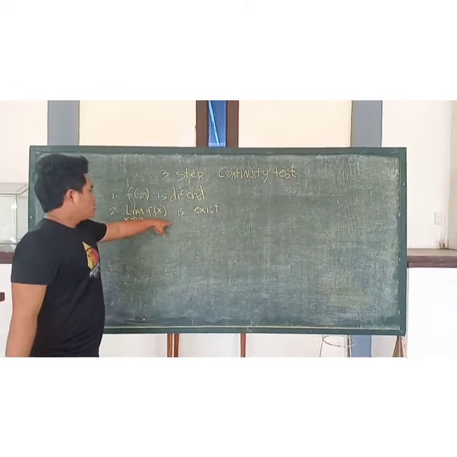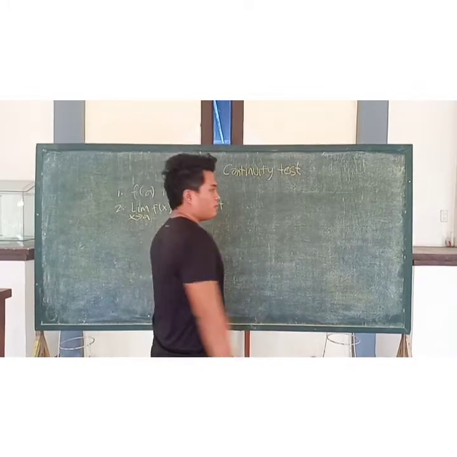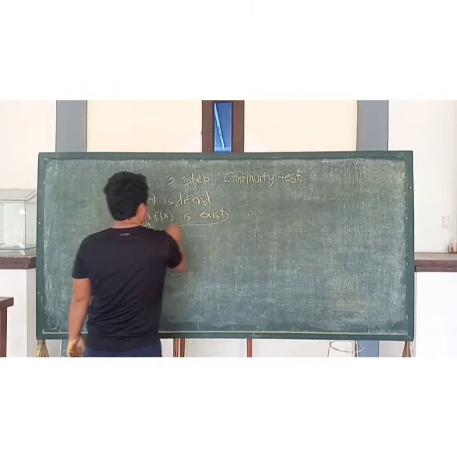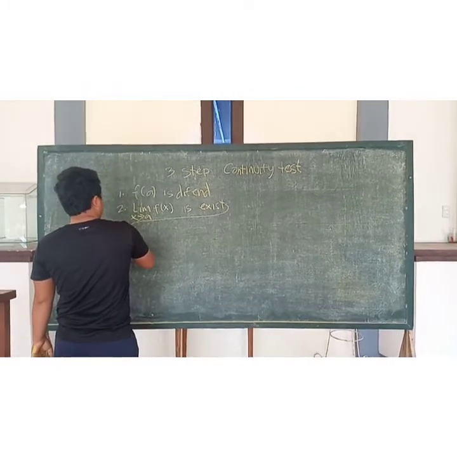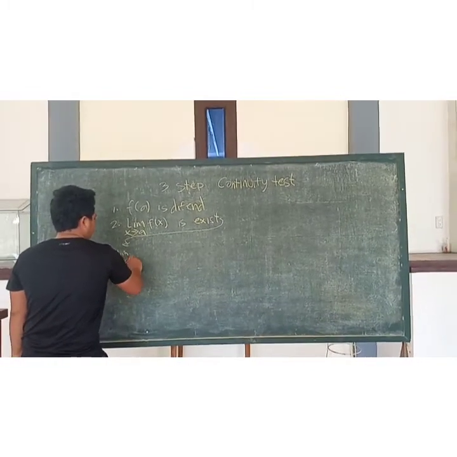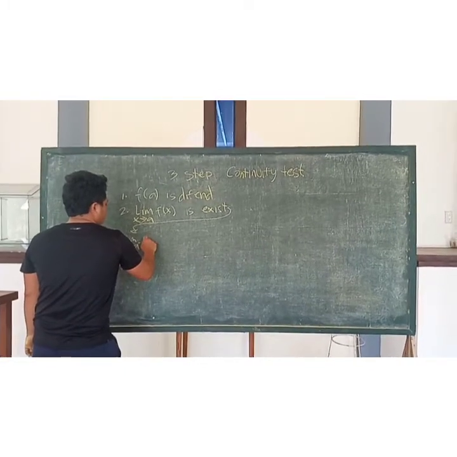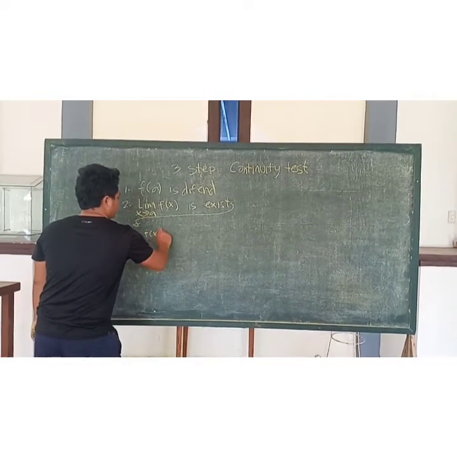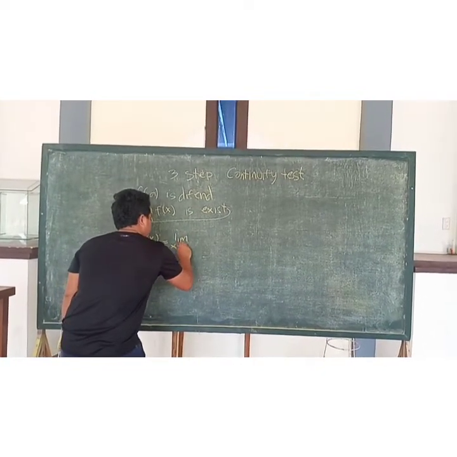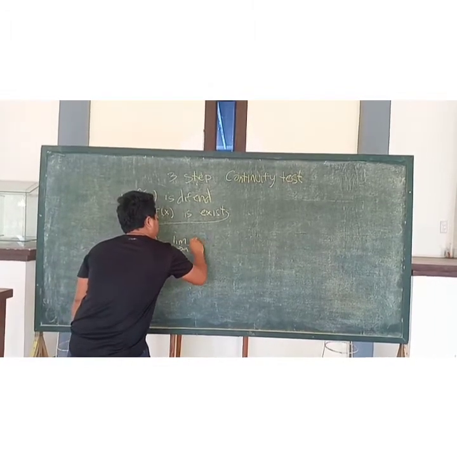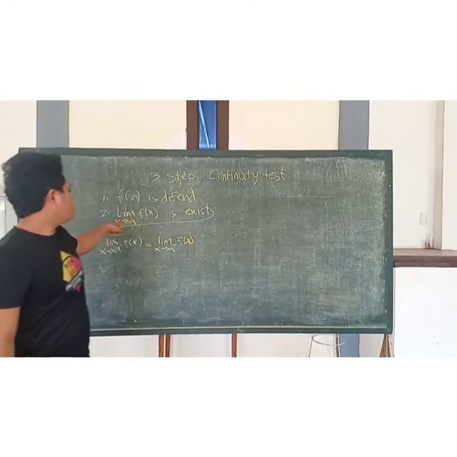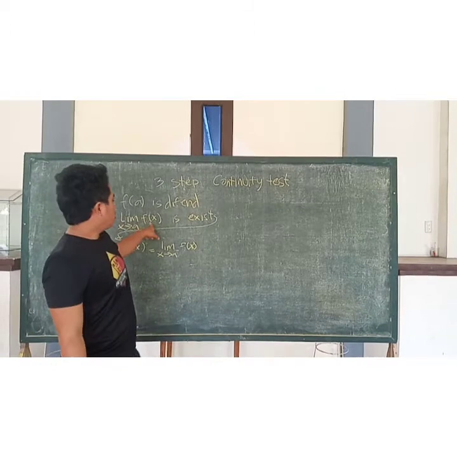To know whether the limit exists, the limit of x approaches a from the negative side of f of x must equal the limit of x approaches a from the positive side of f of x.